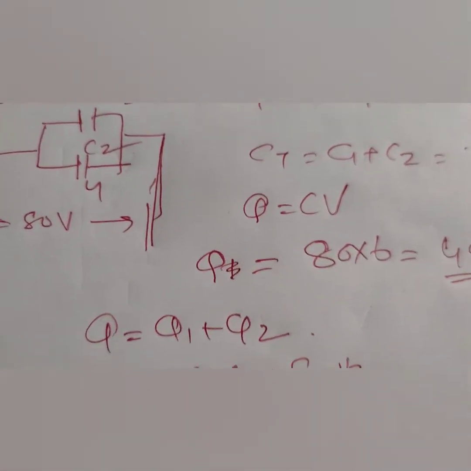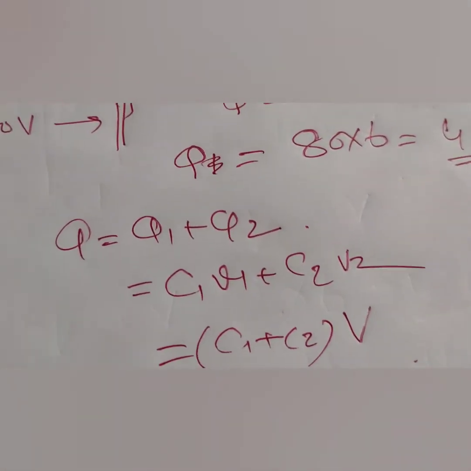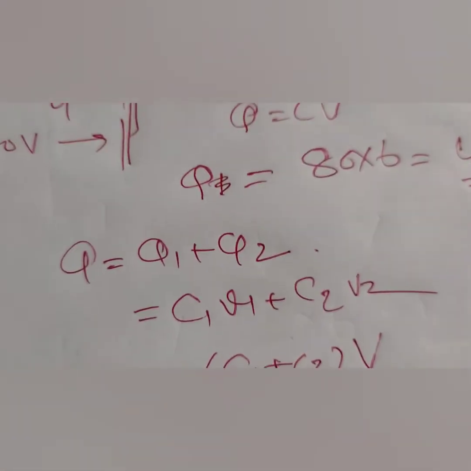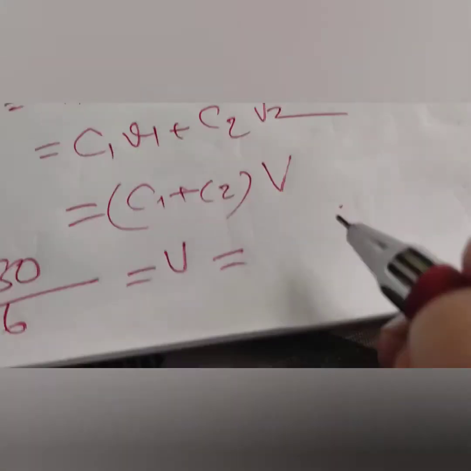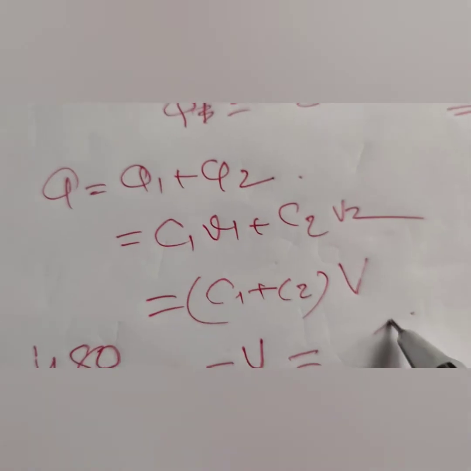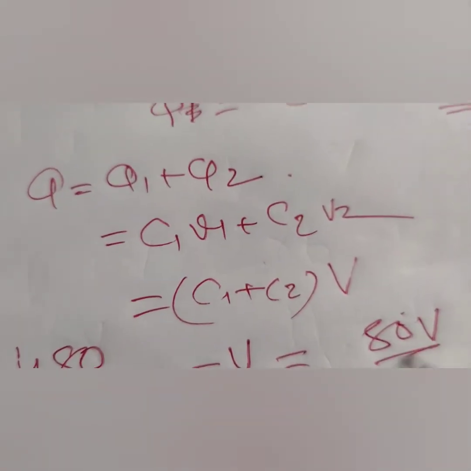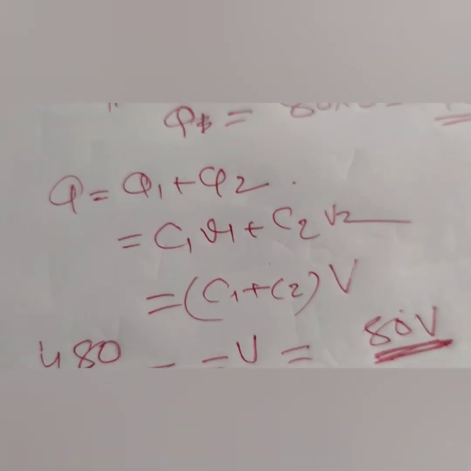So 480 divided by 6 gives V equal to 80 volt. This common potential is 80 volt.